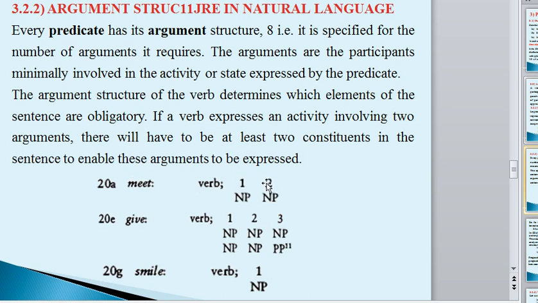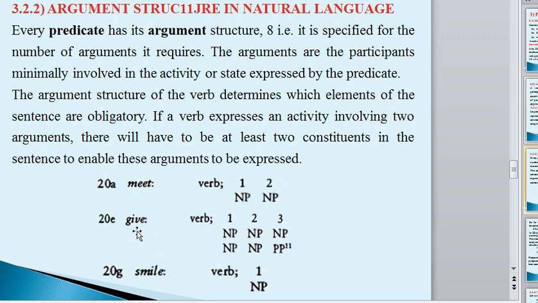This is one NP and the second one NP, I mean the subject and the object. So we call meet a transitive verb because it needs a direct object. This is the subject, this is the object. So it needs 2 participants. If I ask you about the argument or participant of the verb meet, you see it needs 2 kinds of participant.